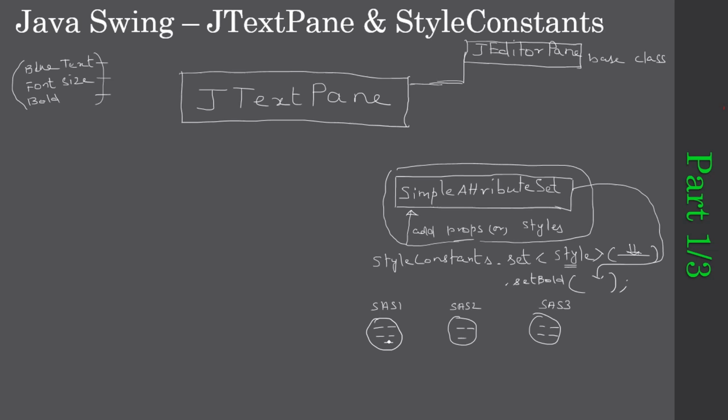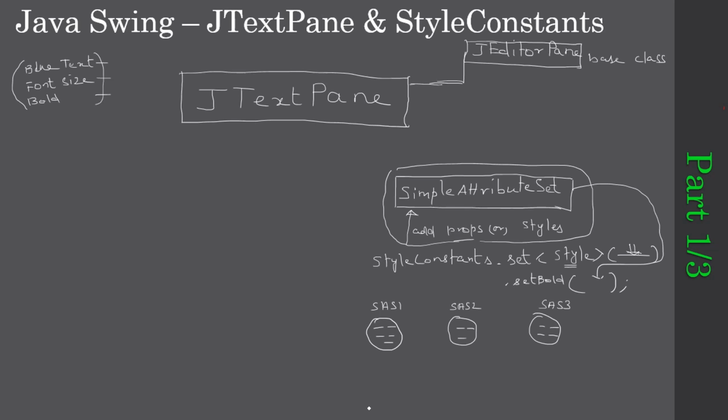If you look here, we are defining 3 attribute sets. Each has 5 attributes, each set using the StyleConstants set method, for example setItalic, setBold, setFontSize, setForeground, setBackground.